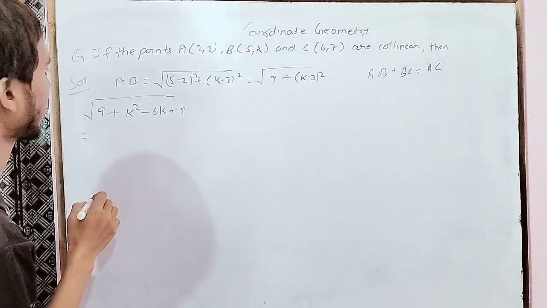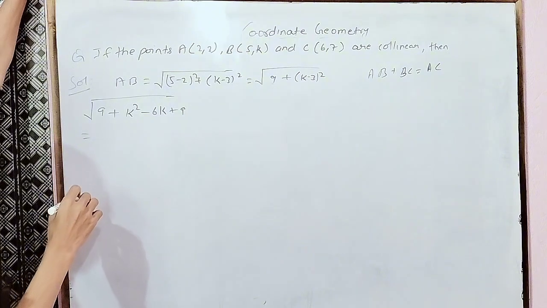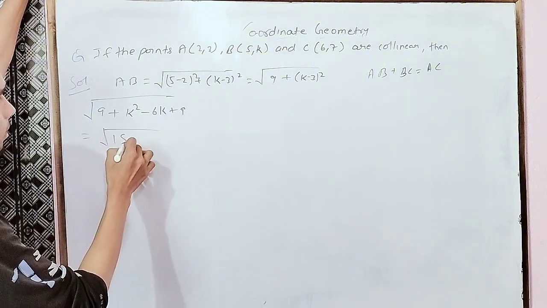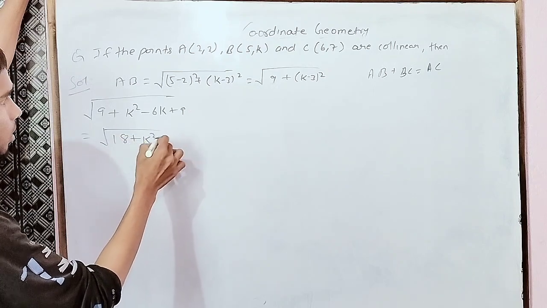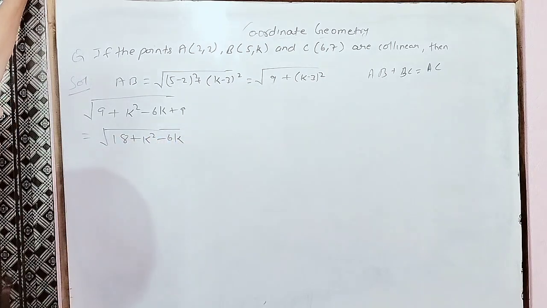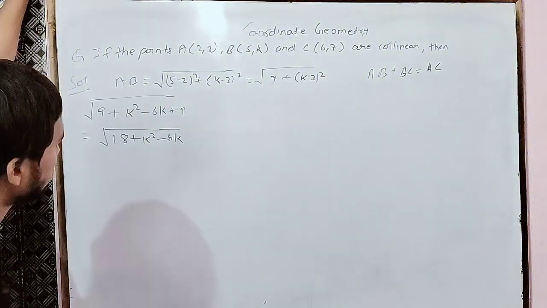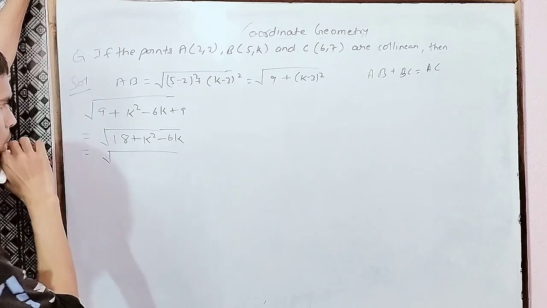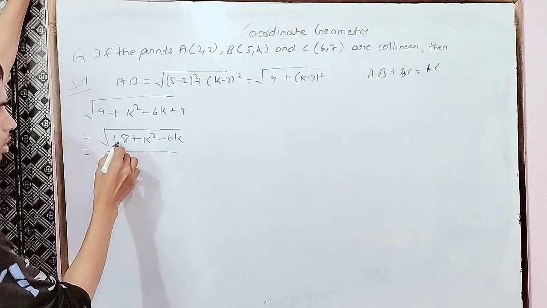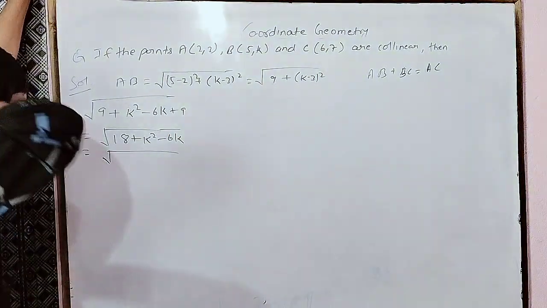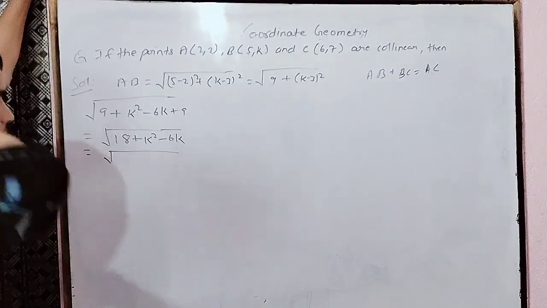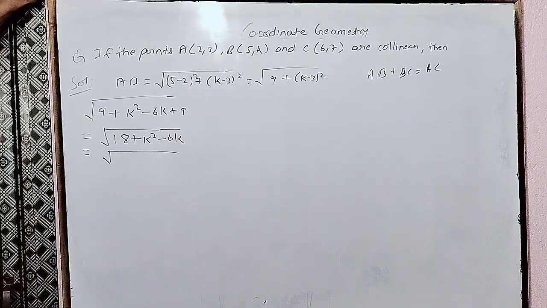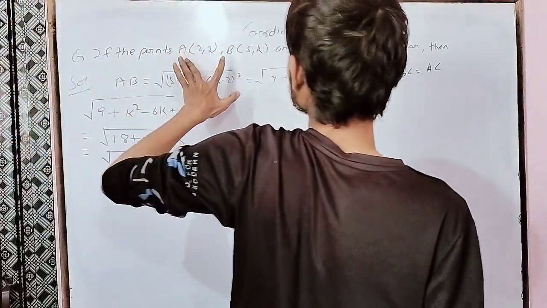Next, 9 plus 9 is 18, and it is k square minus 6k.